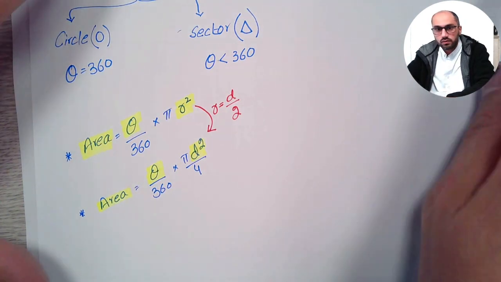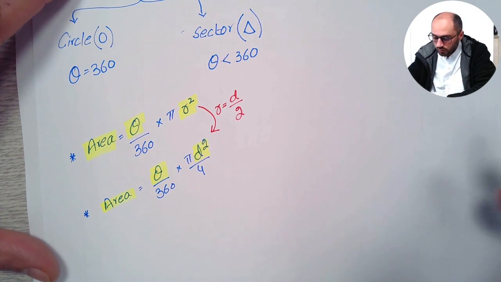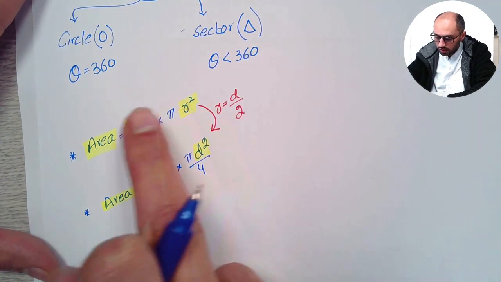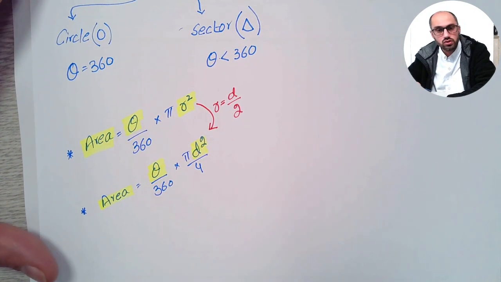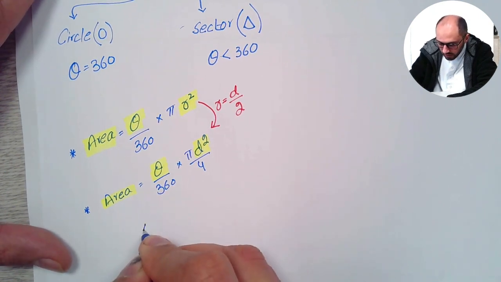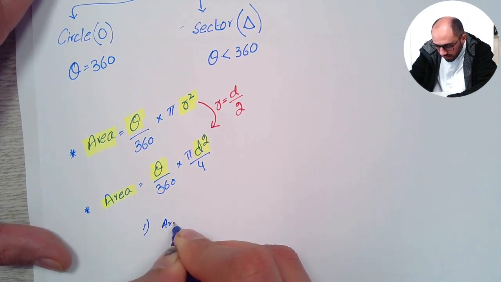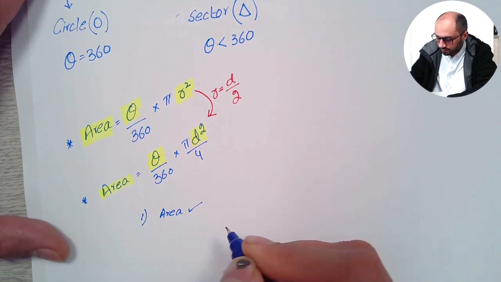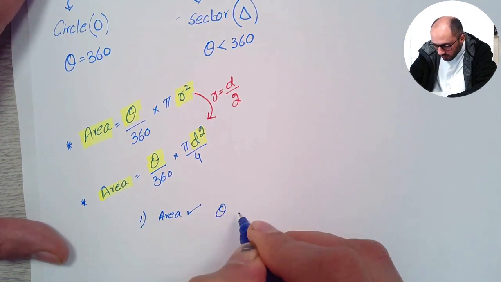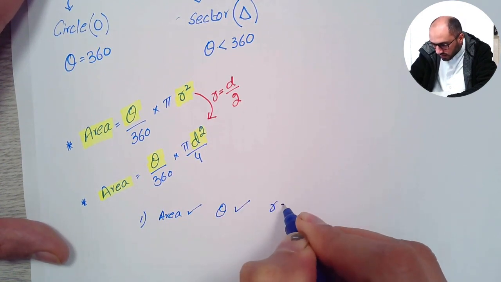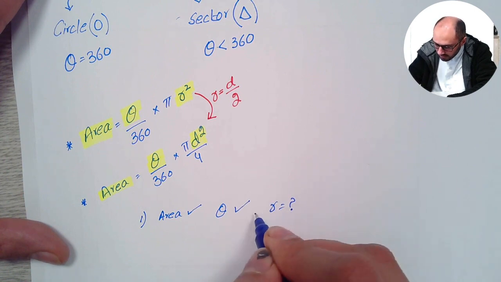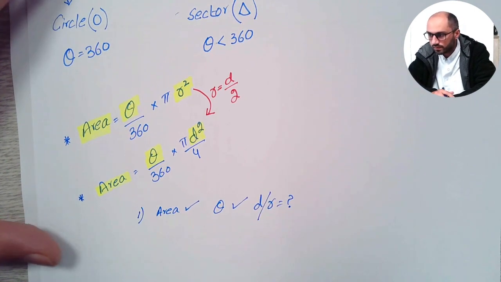So I can see there will be three types of questions which you will be asked on the use of these two formulas. Type 1 will be, let's say, area will be known, angle will be known, radius will need to be calculated. I can say diameter or radius.